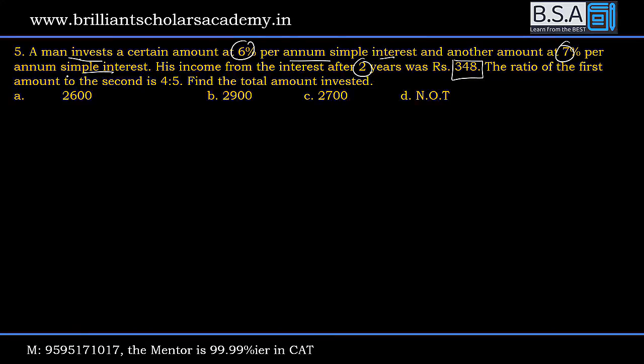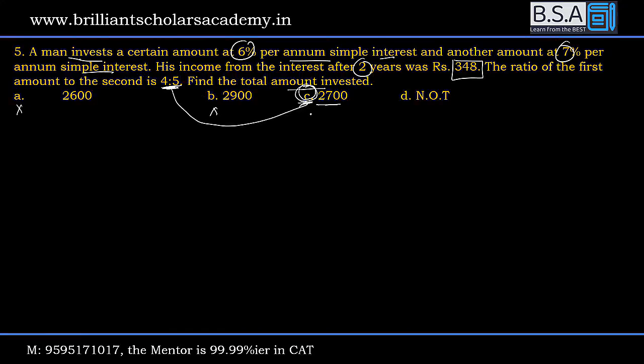The ratio of the first and second amount is 4 by 5. What is the total amount invested? As soon as I hear this, the total amount must be a multiple of 9. So it makes me feel the answer should be C, or else there is no answer, because these are not multiples of 9.